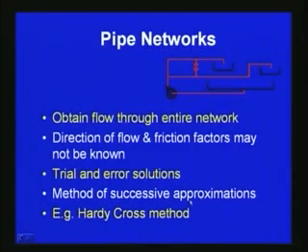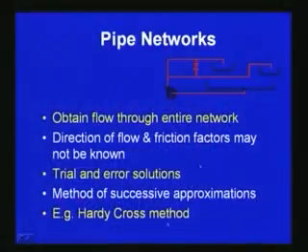As we assumed, the minor losses we include with the major losses, and then we obtain the flow through the entire network. Depending upon the problem there will be a number of loops and a number of junctions. So, we obtain the flow through the entire network, and then the direction of flow and friction factors.